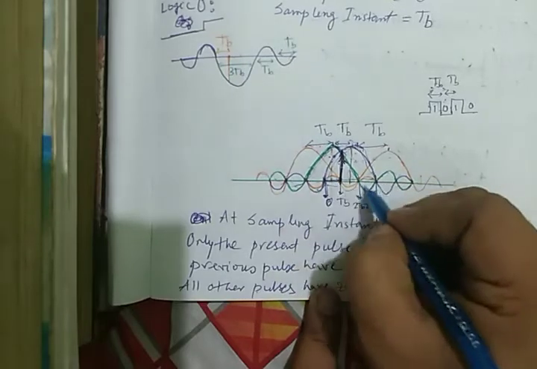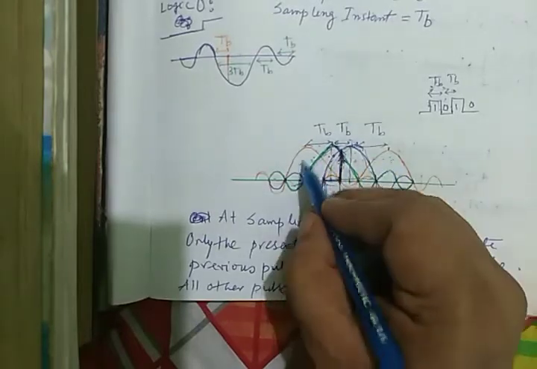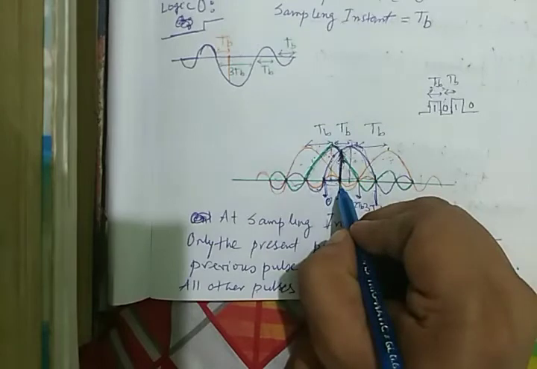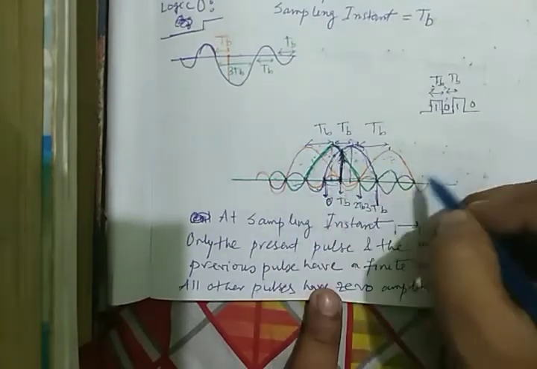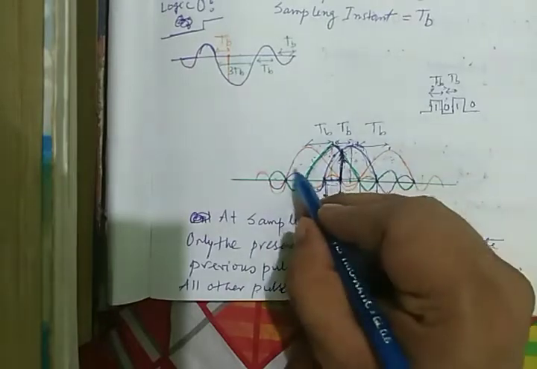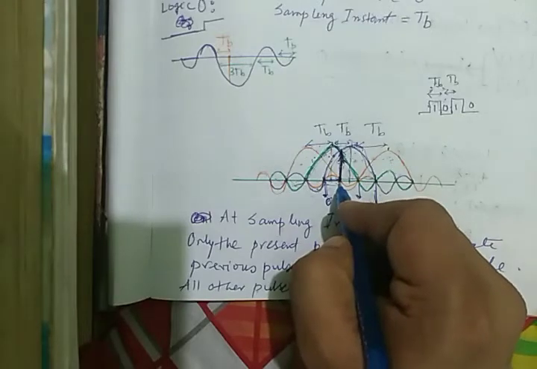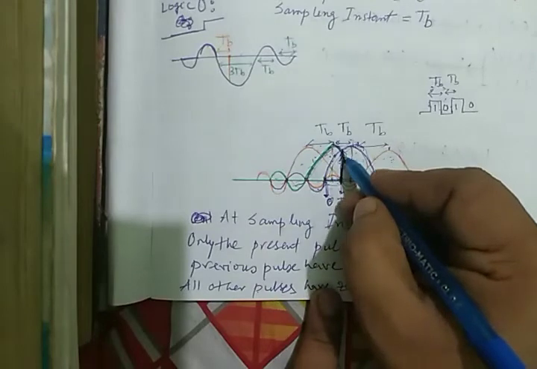But the rest of the pulses, like these two orange pulses, have their null point at this point. If you draw some more pulses, all of them will have a null here, so at this point they will not contribute anything to the amplitude. So at this point only two amplitudes exist.